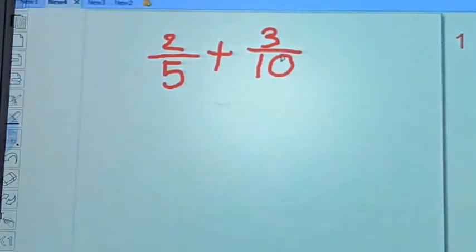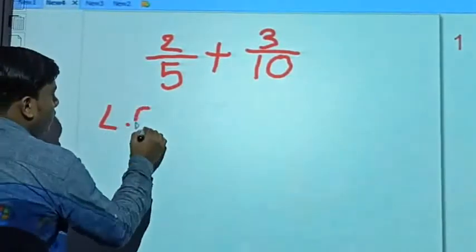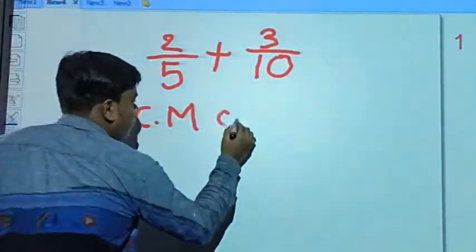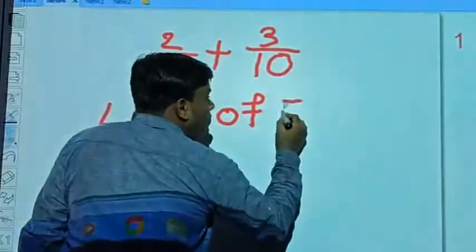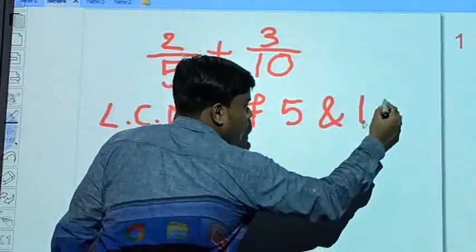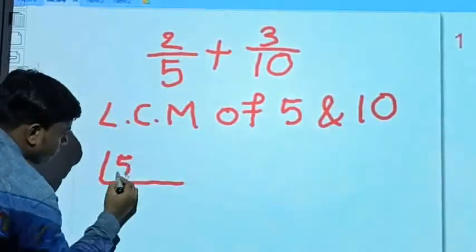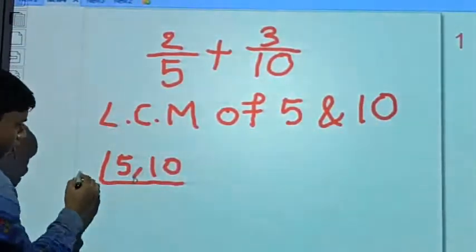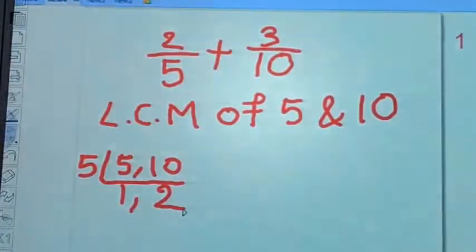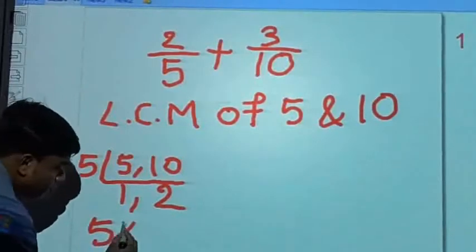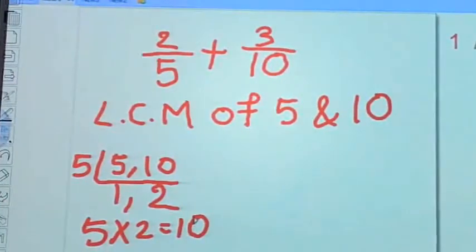For solving this type of problem, first we have to find the LCM of the denominators, that means 5 and 10. The LCM is 5 into 2, which is equal to 10. So the LCM is 10.